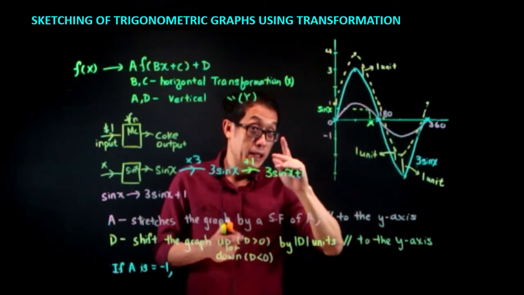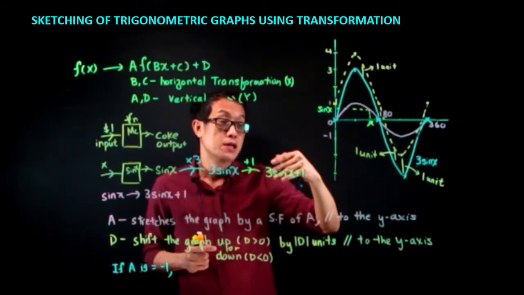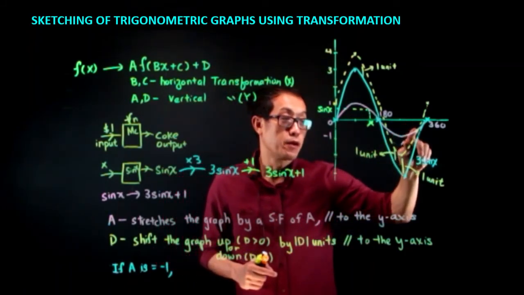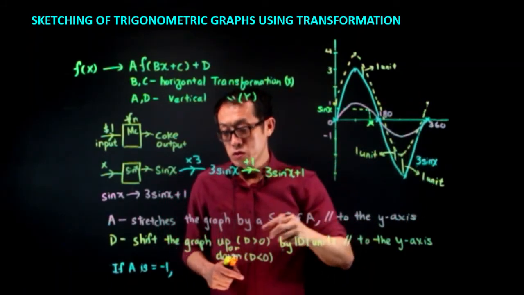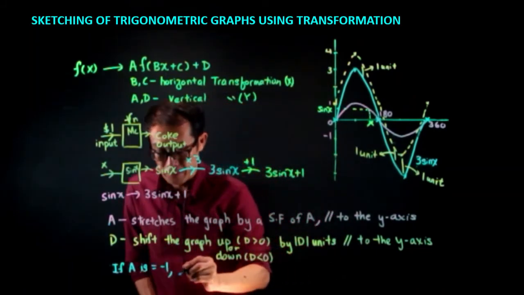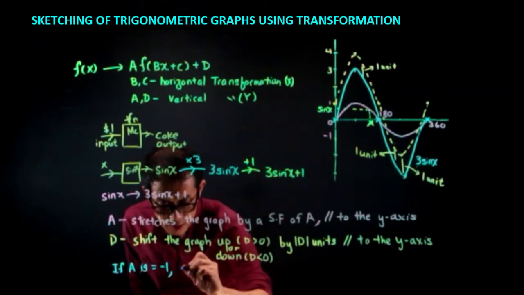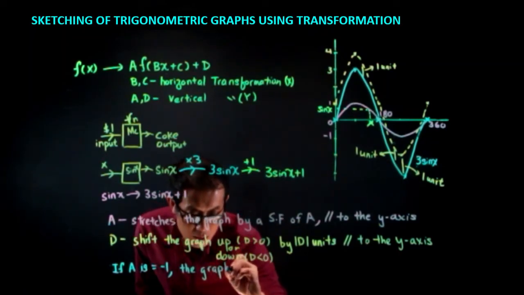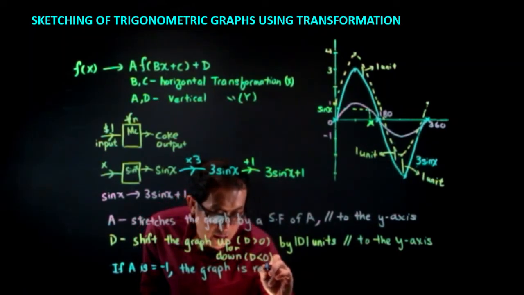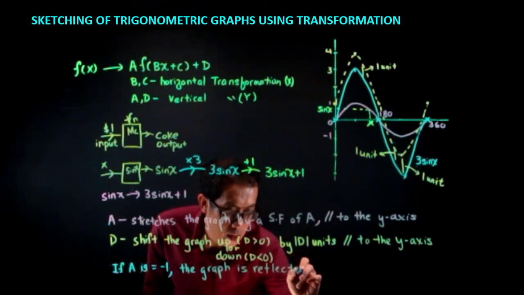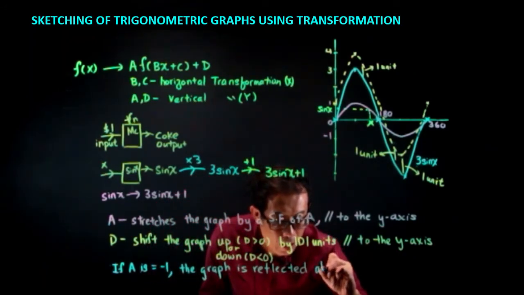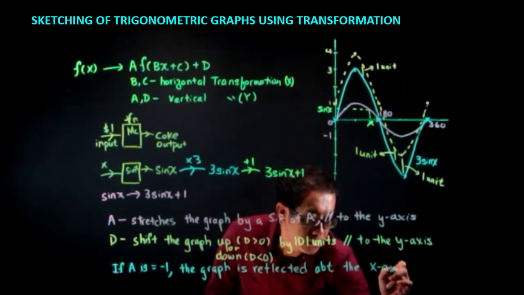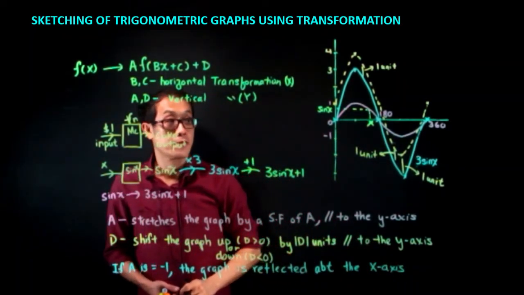It becomes negative, but the same numerical value. If it's 0.8, it becomes minus 0.8. If this is minus 0.4, it becomes 0.4. So if A is minus 1, the graph is reflected about the x-axis. Get it?